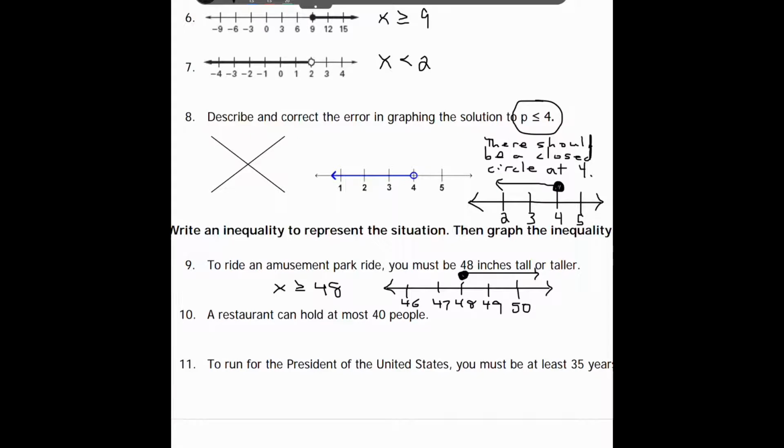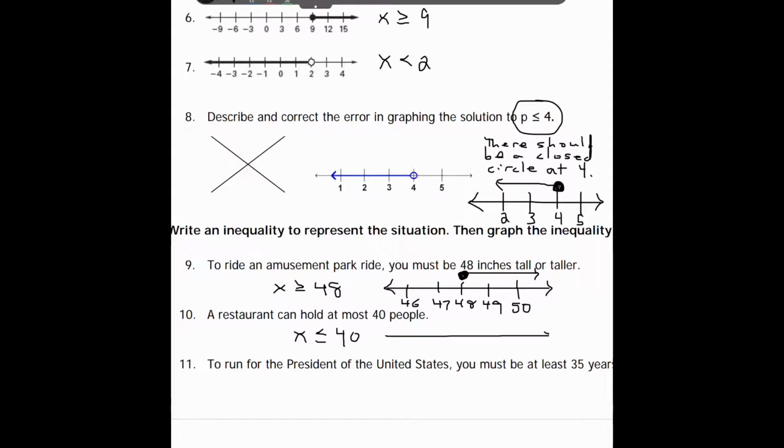Okay, number 10. A restaurant can hold at most 40 people, so no more than 40 people. x is less than or equal to 40, because the restaurant can hold 40 people, which is why we can have the equal to symbol, but it must be less than or equal to that 40.